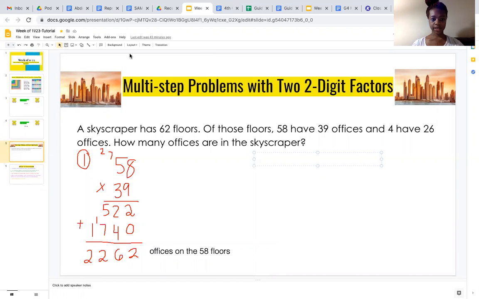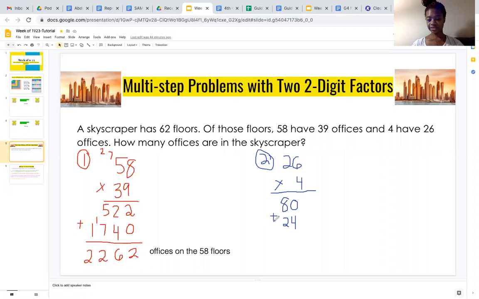Let me go back here. We're now going to multiply, right, the 4 floors by the 26 offices. So 26 times 4. We have, let's go with the tens place. So 20 times 4 is 80. And then 6 times 4 is 24.